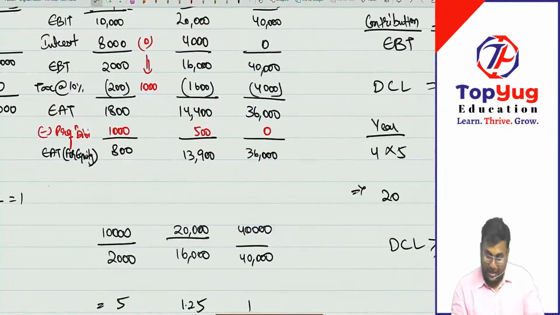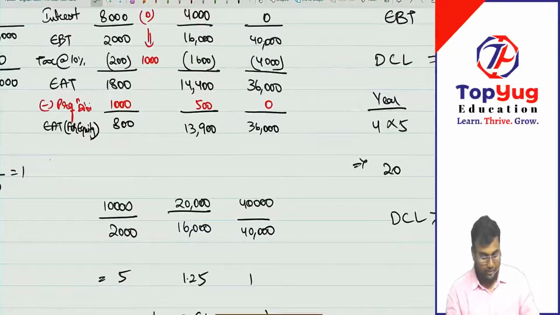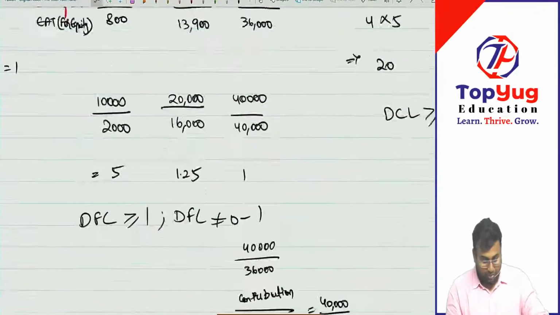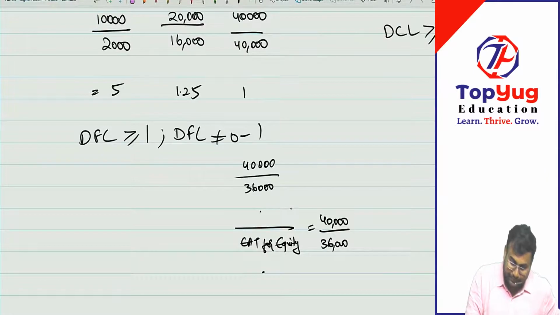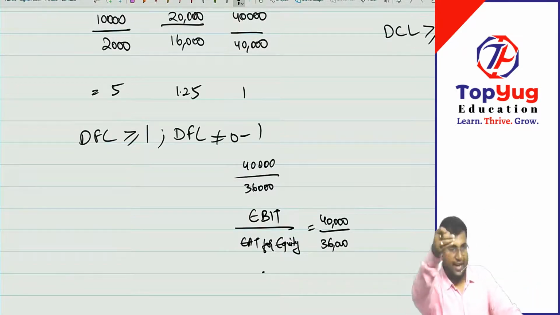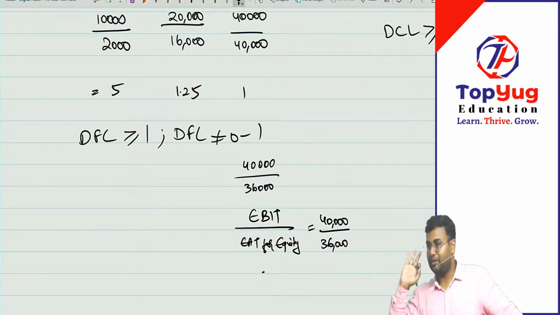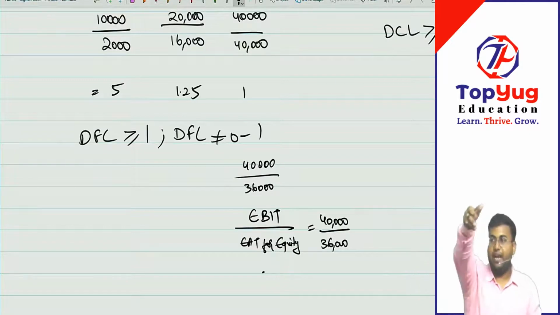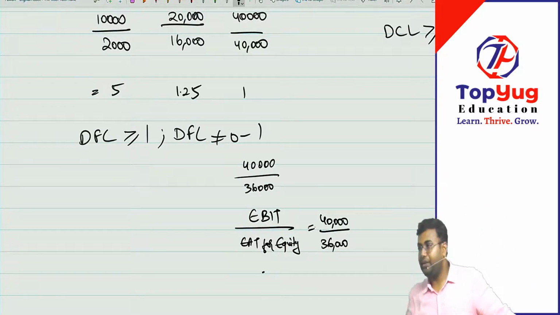Sorry guys, I was doing right but telling you wrong. So what should the formula be? EBIT. Sorry, I was doing everything right but I was writing it wrong, I was in my flow. EBIT by the normal only interest, EBIT by EBT. If there is a preference dividend also, EBIT by EAT for equity.